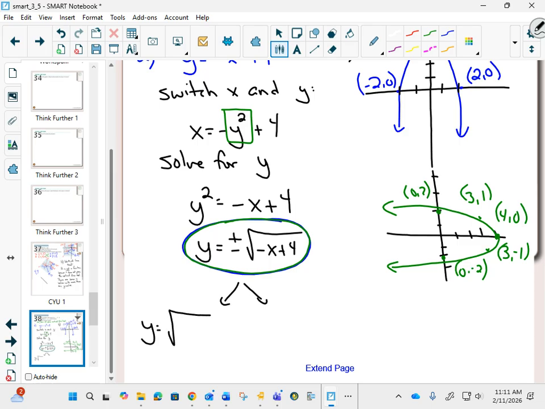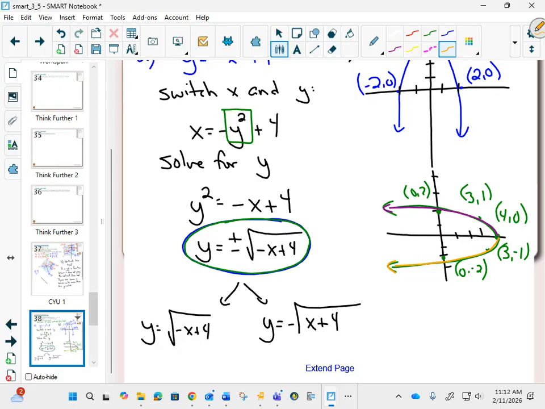One with the plus and one with the minus. Now plus or minus is actually two different equations. Do you see two different square root graphs? If I color code the top in purple and the bottom in orange, do you see that they would both be square root graphs?